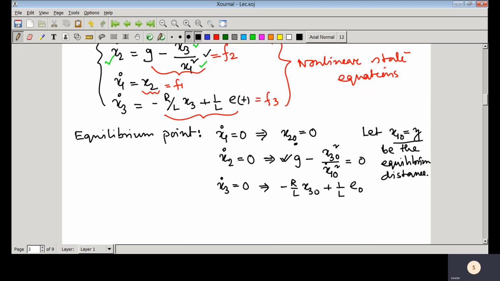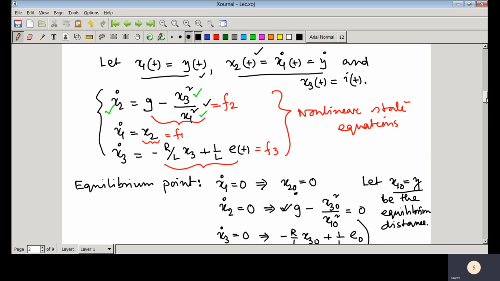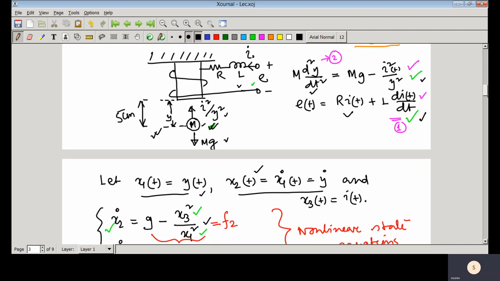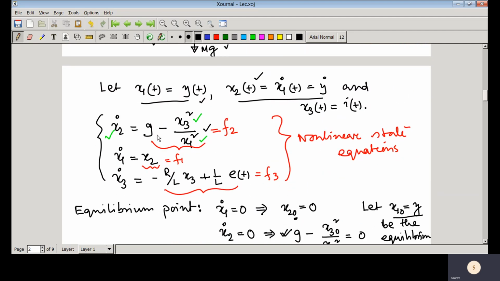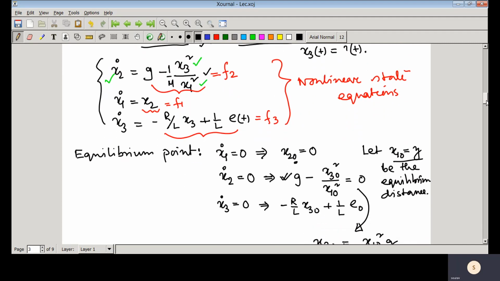Here you can see x30 equals x10 square into g, and here I think we have missed one term. Whenever we are dividing by m, we would have 1 by m here.